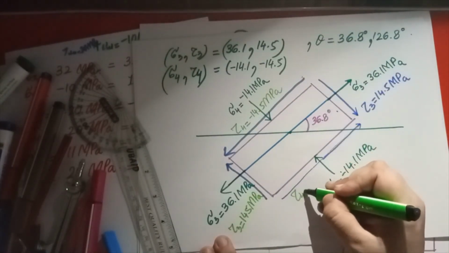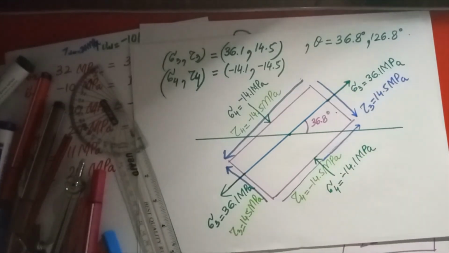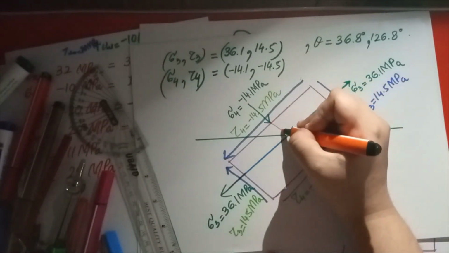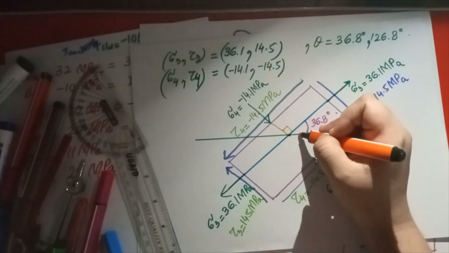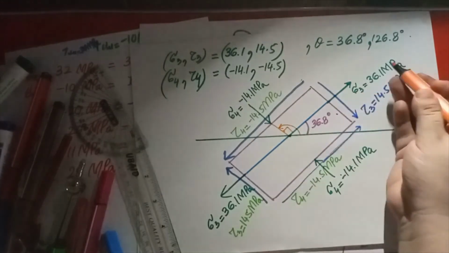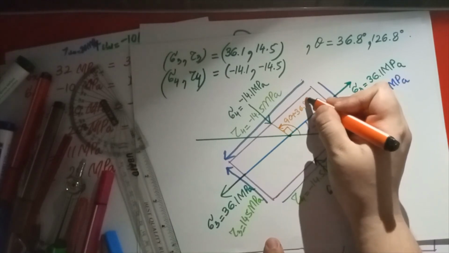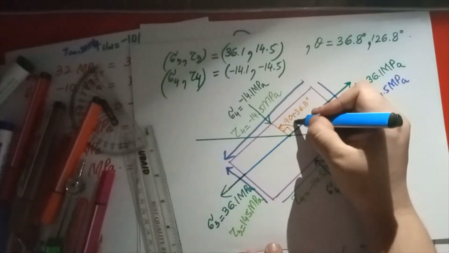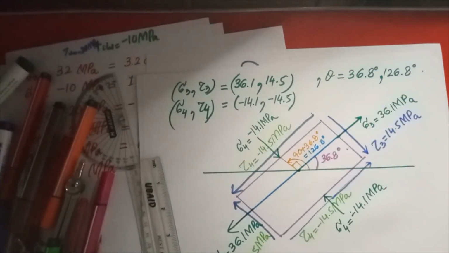Tau 4 equals minus 14.5 MPa, and the angle here is 90 degree, and when I add this, I get 90 plus 36.8 degree, so it will be equal to 126.8 degree. So we got the stress components on both the angles.